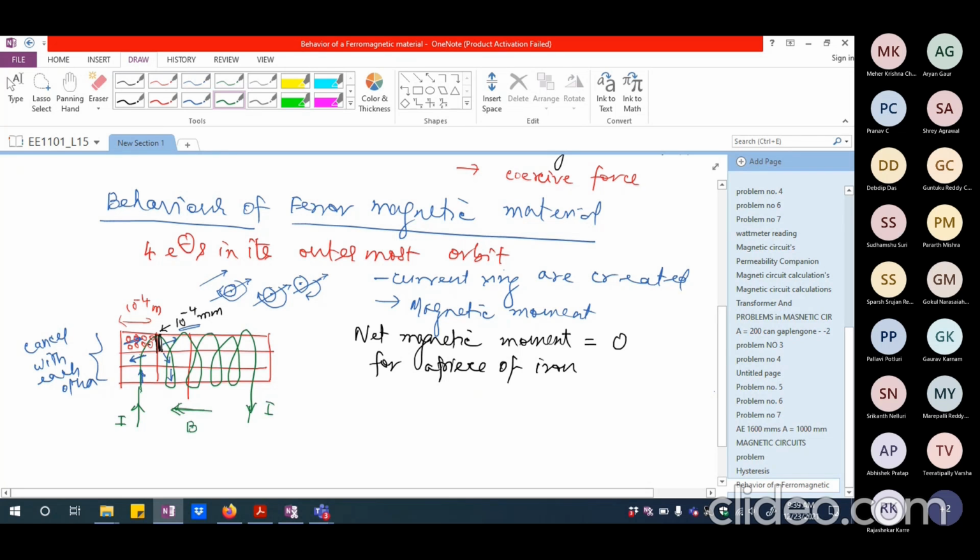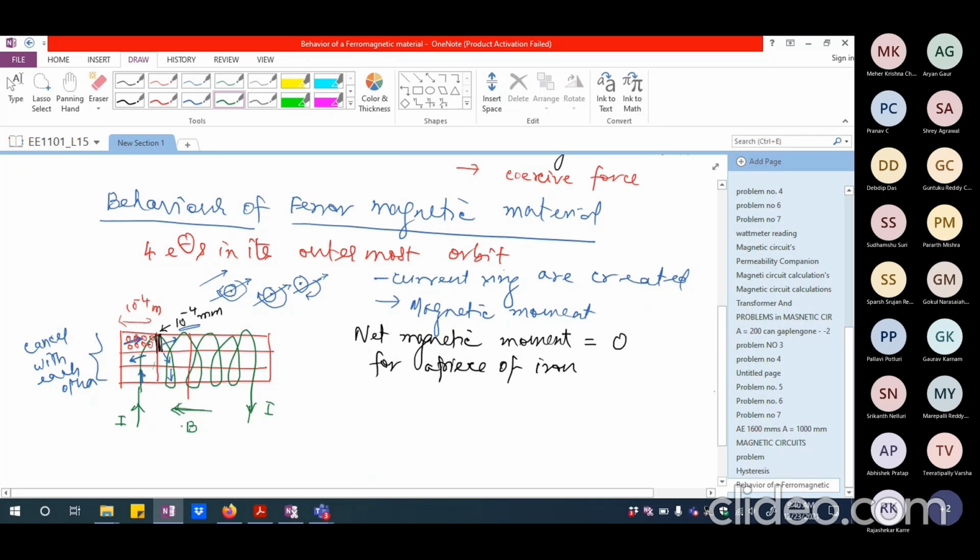This is going to be the flux density's direction. All these magnetic moments which are inherently available within the domains of the iron are going to slowly align themselves because of the current being passed through the coil wound around.